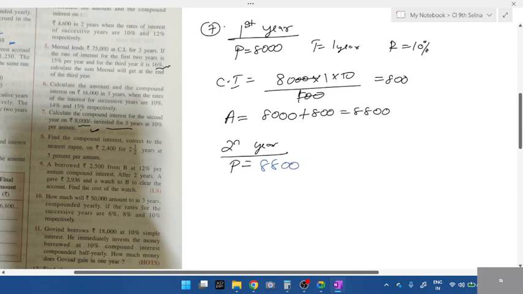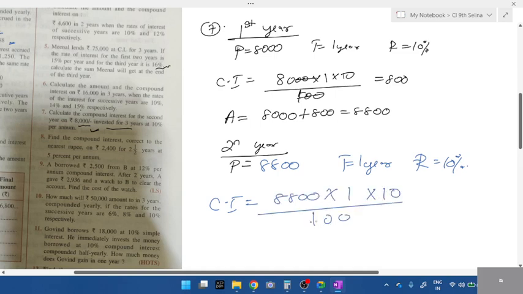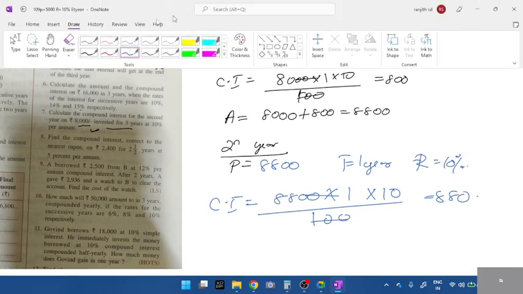Principal is 8,800. Time is equal to 1 year. Rate is equal to 10%. Compound interest is 8,800 into 1 into 10 by 100, 880. What have they asked here? Go through the question again, seventh one.